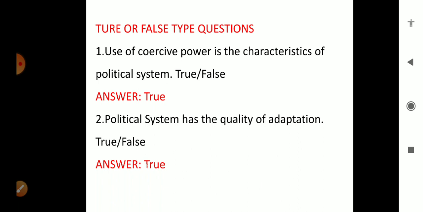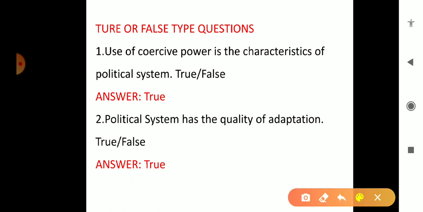Parties, groups, but only one organization has the power to punish, and that is the governmental organization. Government is part of the political system. We have read in detail. So it means that coercive power is a characteristic of the political system is true.